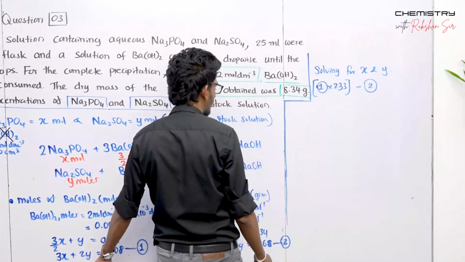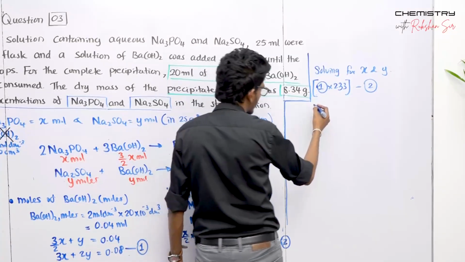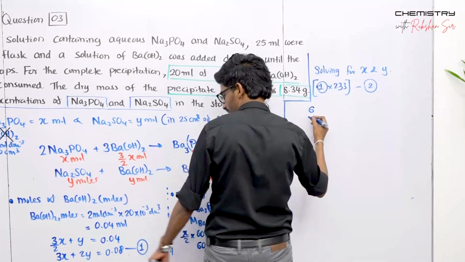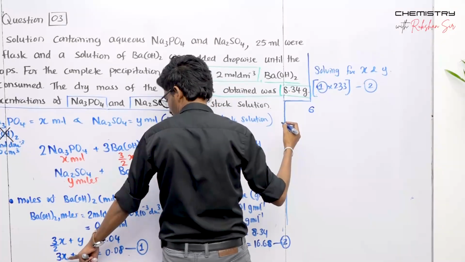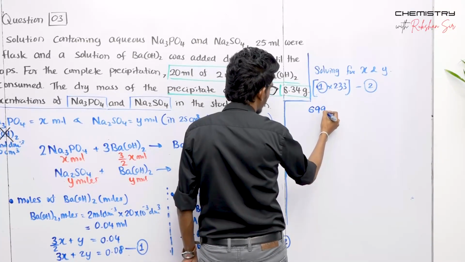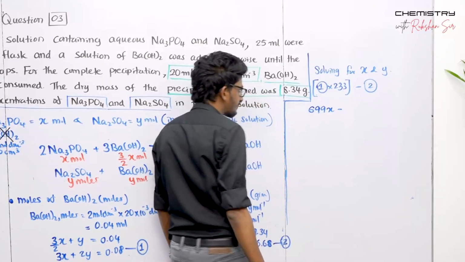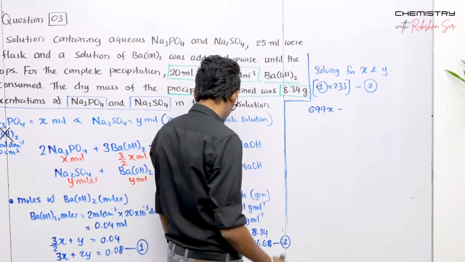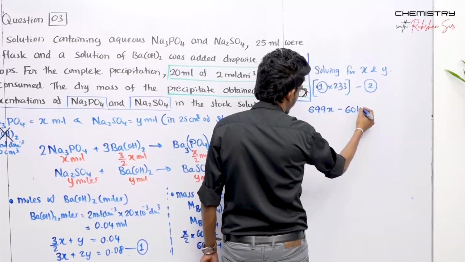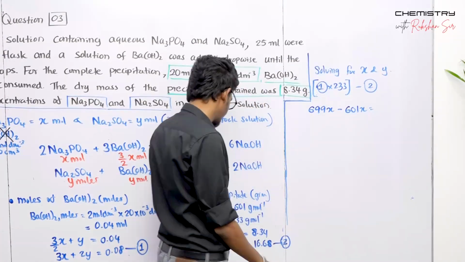So multiplying the 1 with 3 will give you 699, no? 233 into 3, 699x minus 2 is 601x, that is equal to what?